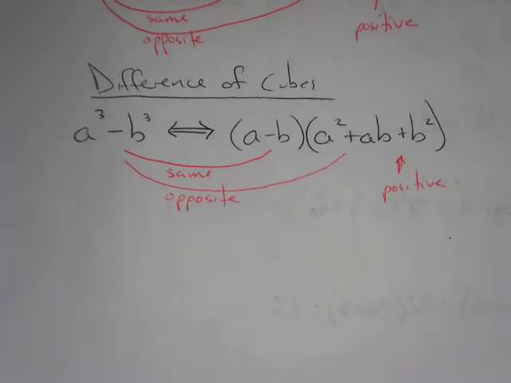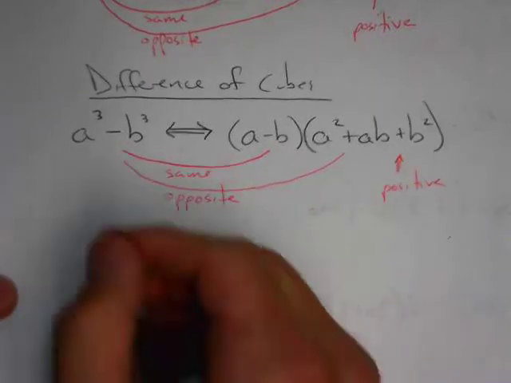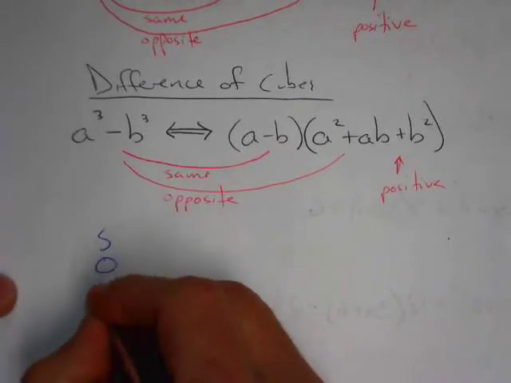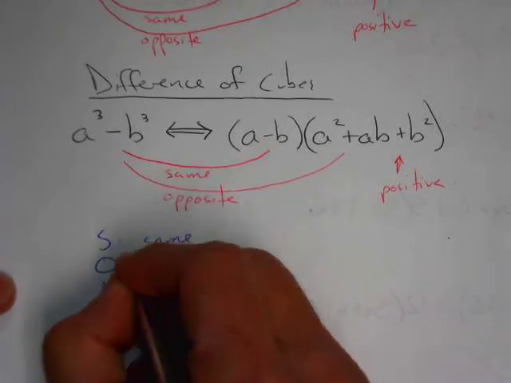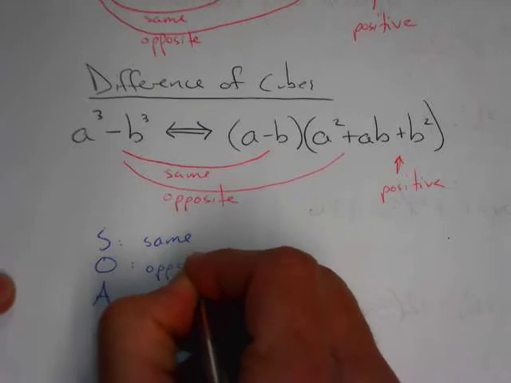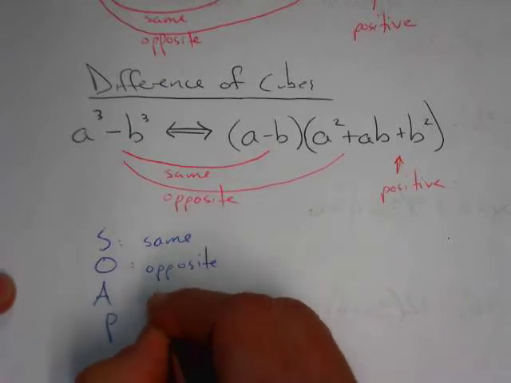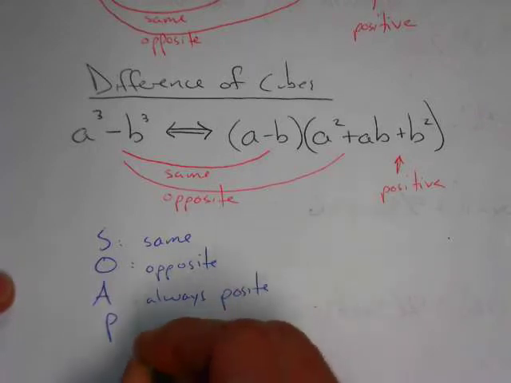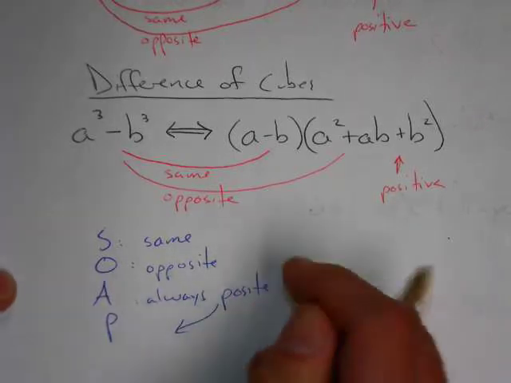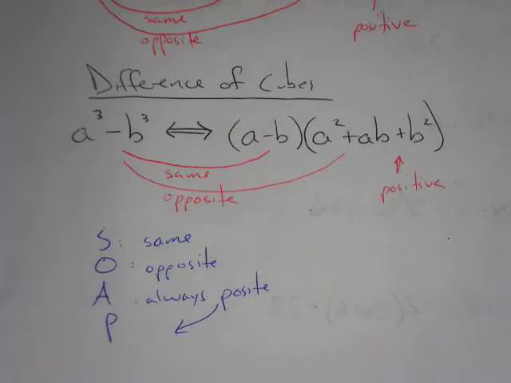For sums and differences of cubes, we have a little acronym that hopefully you can remember with signs, called SOAP. SOAP stands for same, opposite, and then always positive, the last term. Same, opposite, always positive. So we have SOAP as our little acronym.